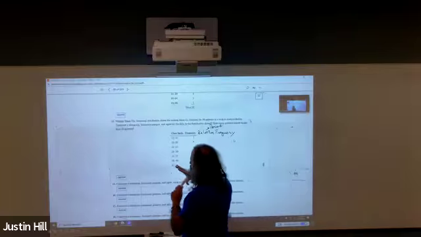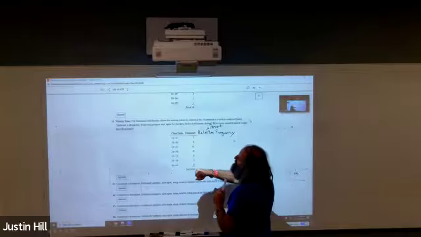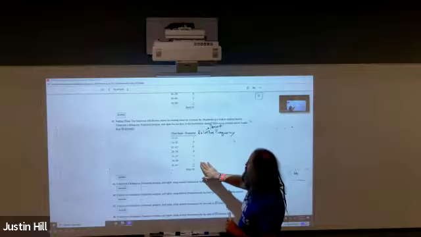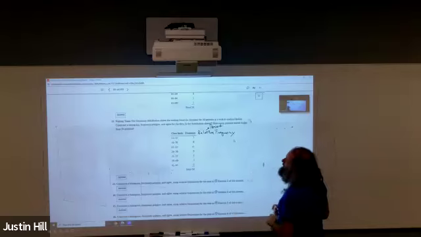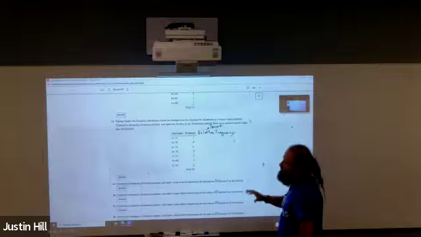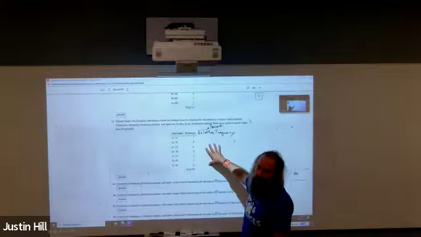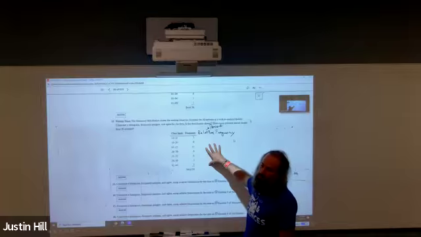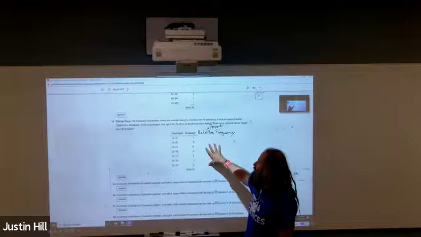So for instance, this problem is talking about the frequency distribution for the waiting times in minutes for 50 patients at a walk-in medical facility. So this is like the emergency room, urgent care or something like that.